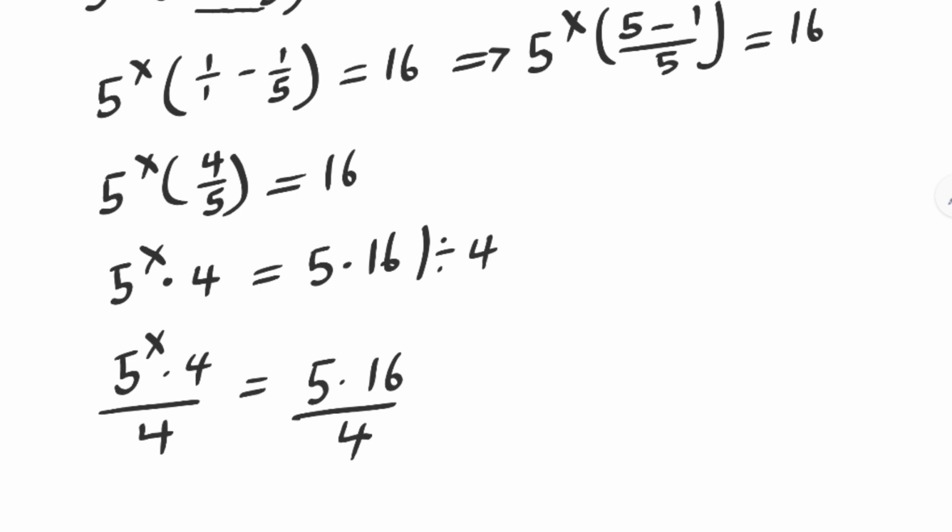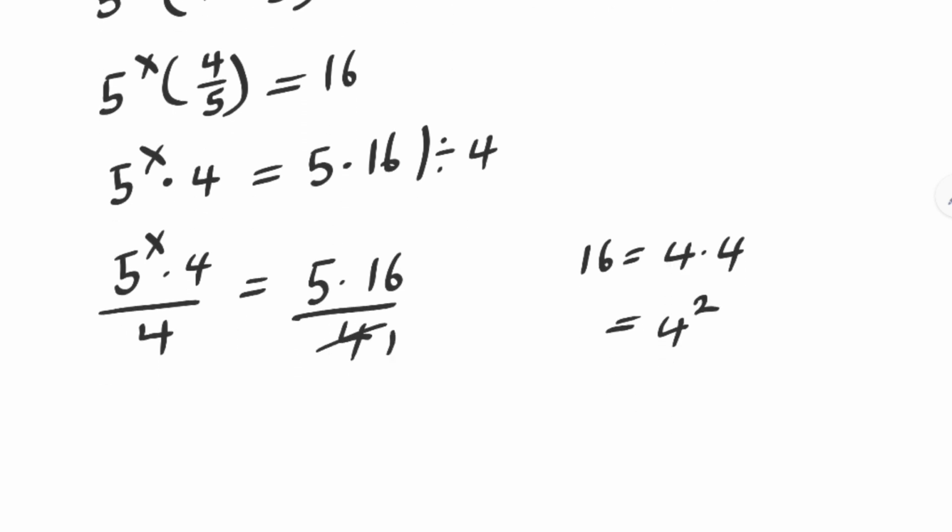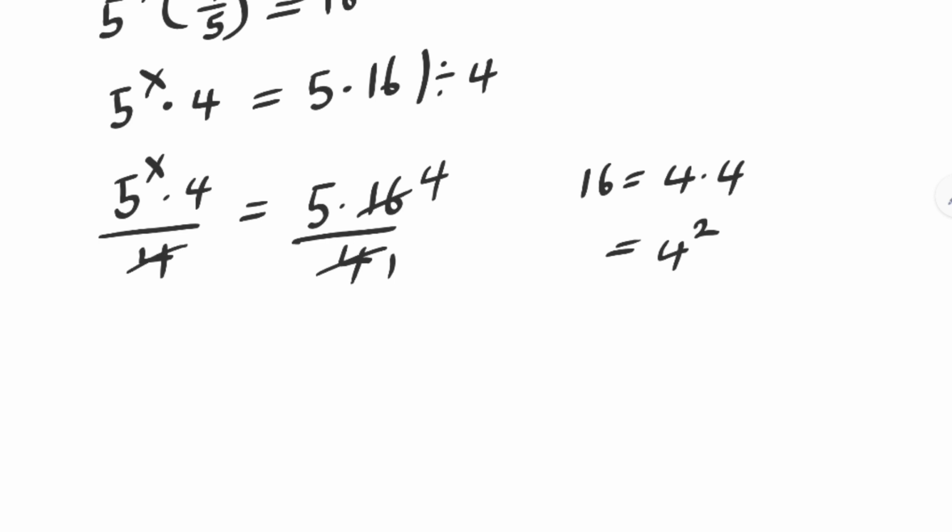And of course, we know that 16 is equal to 4 multiplied by 4, which is equal to 4 square. So 4 here 1, 4 here 4. Then 4 here 1, 4 here 1. 5 raised to power x is equal to 5 multiplied by 4.